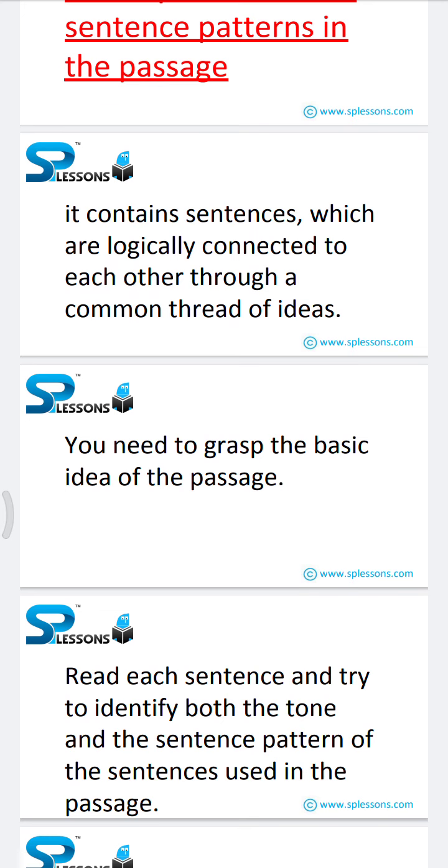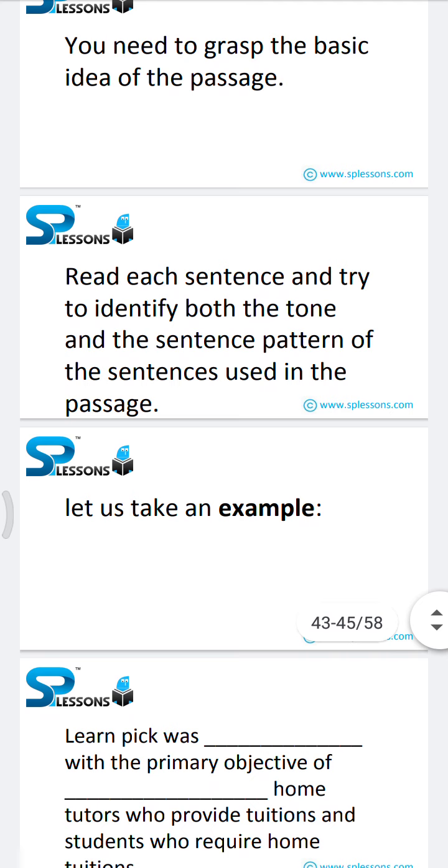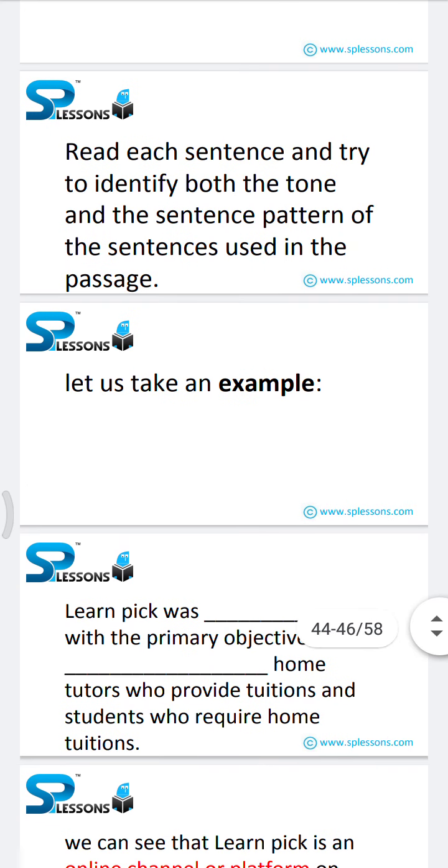Read each sentence and try to identify both the tone and the sentence pattern of the sentences used in the passage. To explain further, let us take an example. Here I am providing one example. Let's check: Learn Pick was launched with the primary objective of blank, home tutors who provide tuitions and students who require home tuitions.